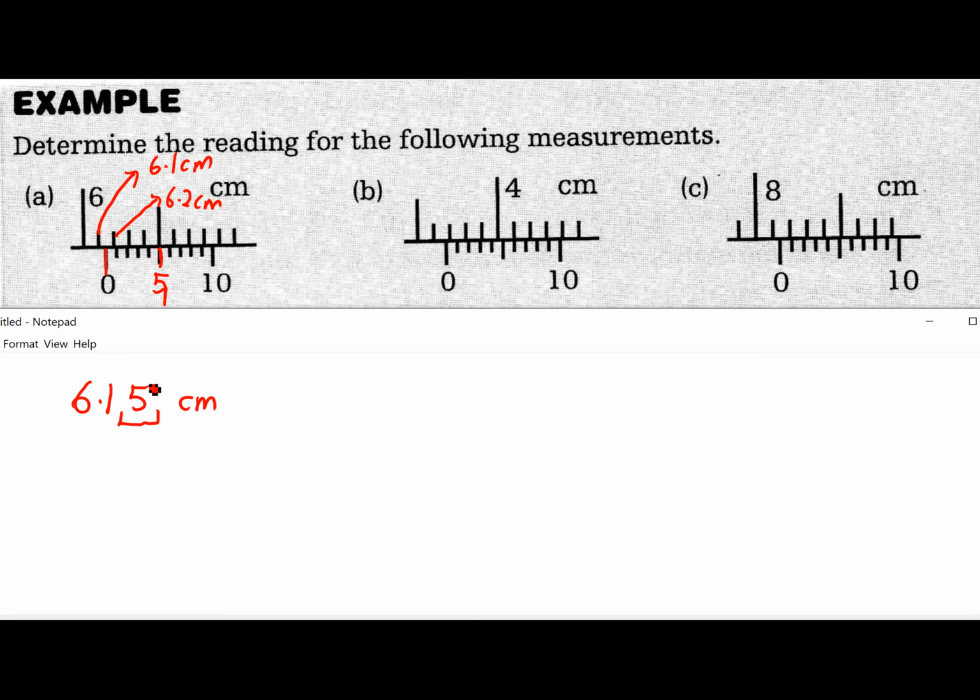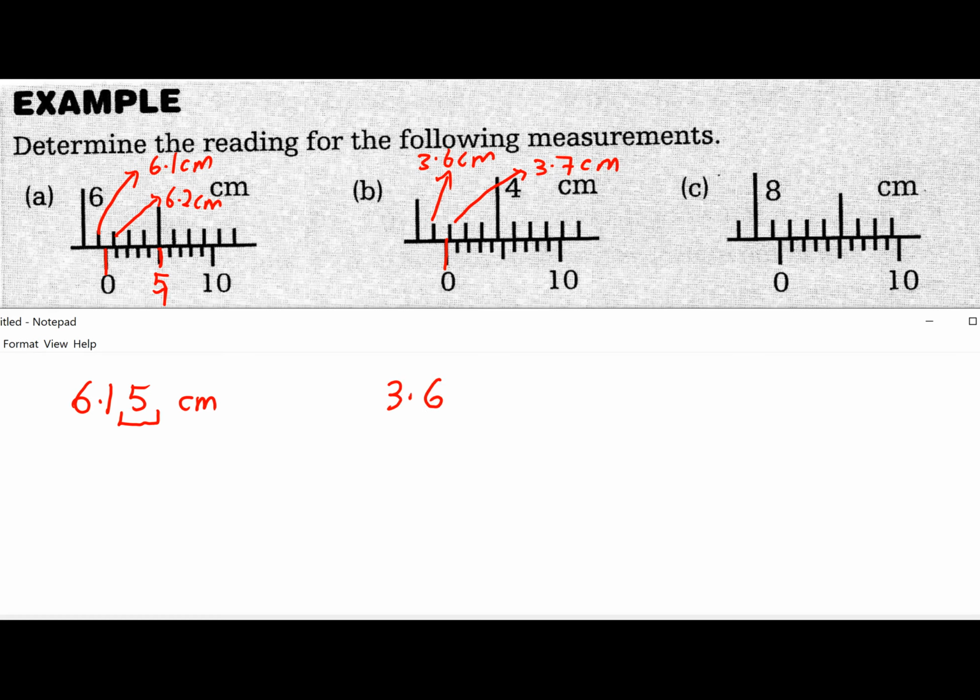For example B, the vernier 0 lies here, somewhere between this marking, which is 3.6 centimeters, and this marking, which is 3.7 centimeters. So the reading is 3.6 something centimeters.